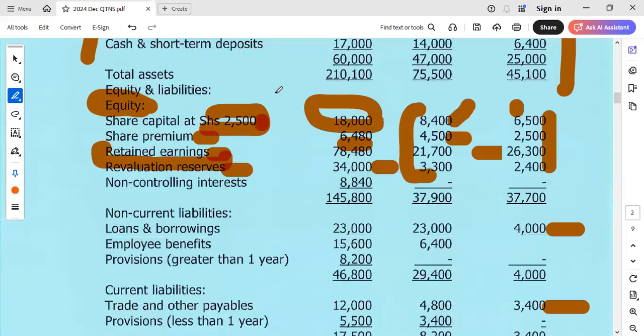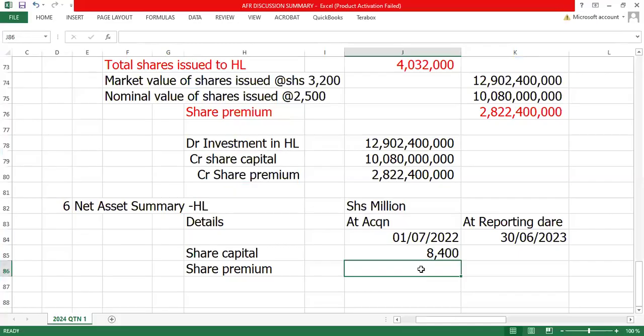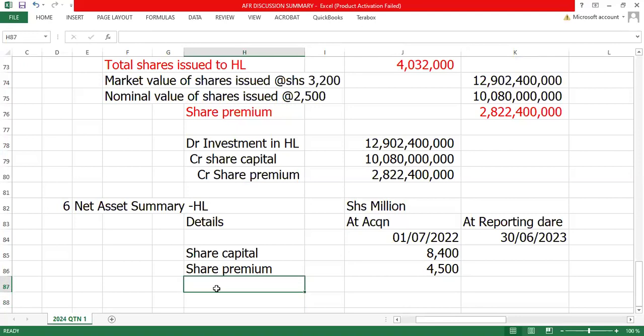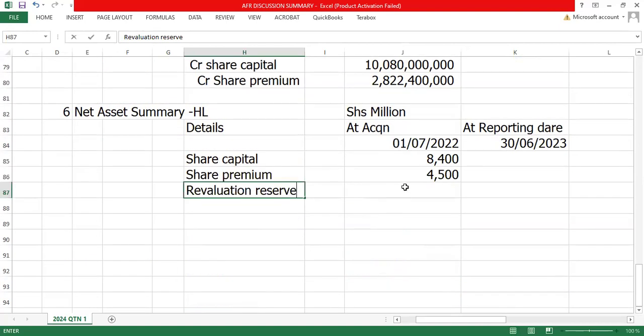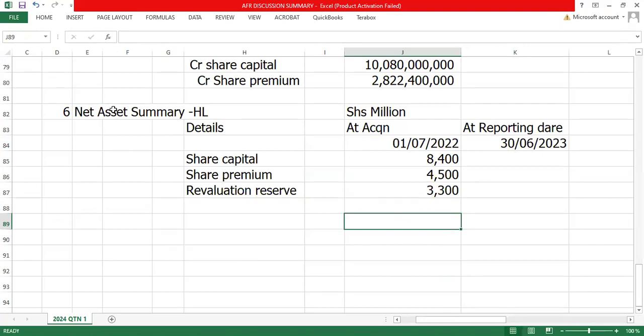Apart from retained earning, which is at reporting date, share premium is 4,500. Then what else? Items of equity, you have revaluation reserve. Revaluation reserve was how much? 3,300, from that question.